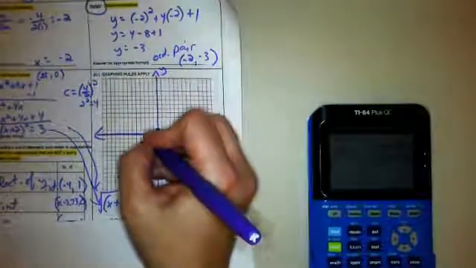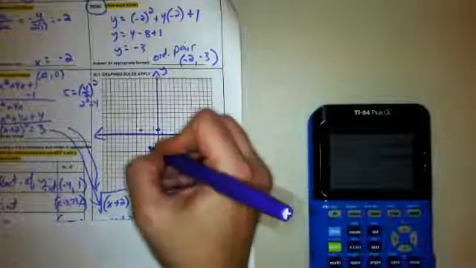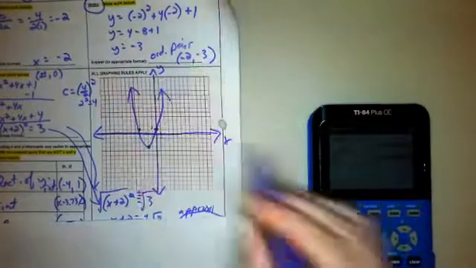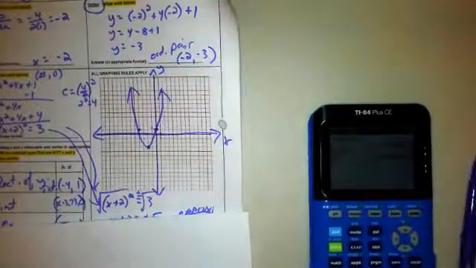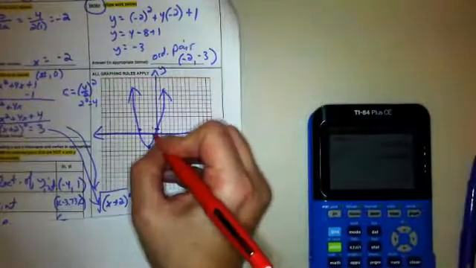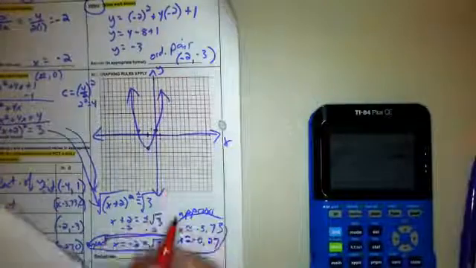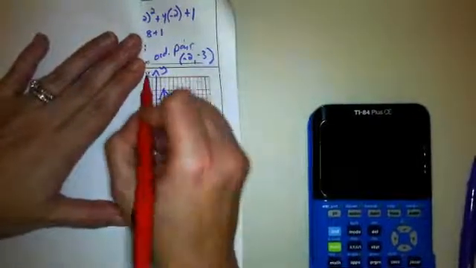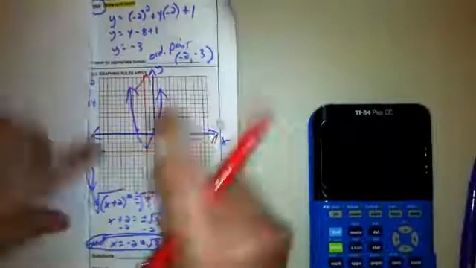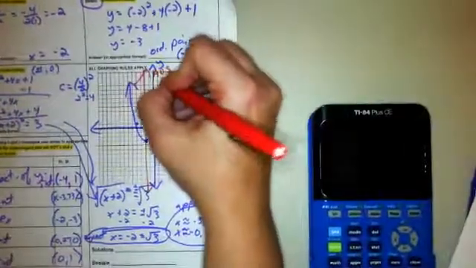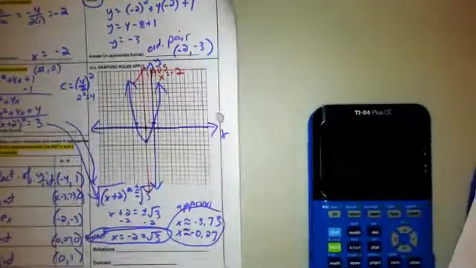You can kind of see what this is looking like. My axis of symmetry is going to be x = -2. Let's draw that in. That looks pretty good. We're going to call that the axis of symmetry, x = -2. Make sure you always label that.